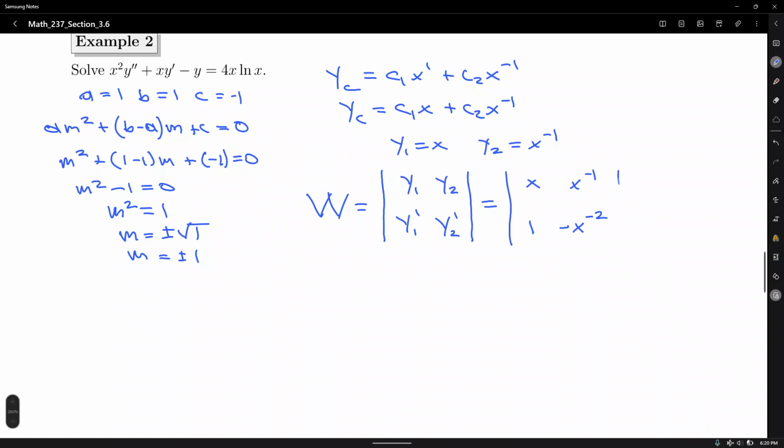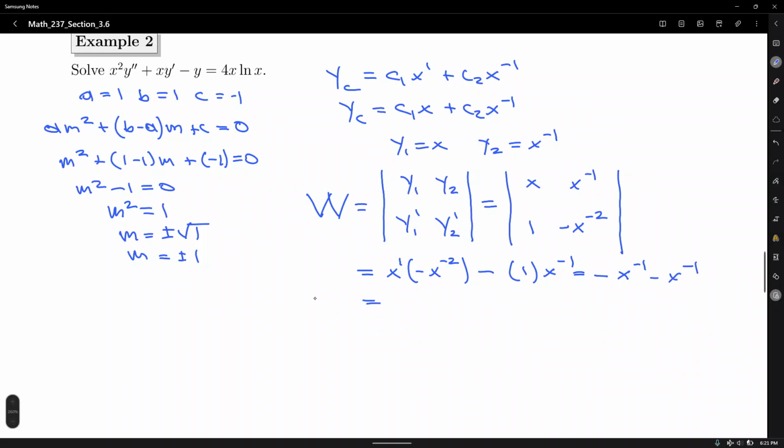Now let's compute this 2 by 2 determinant by multiplying the elements along the main diagonal, that is x times -x to the -2, minus the product of the elements along the secondary diagonal, that is -1 times x to the -1. Multiplying each of them, that is positive times a negative, that's negative x times x to the -2, but this is an x to the invisible 1, so at the exponent 1 plus -2, that's x to the -1, and minus x to the -1.